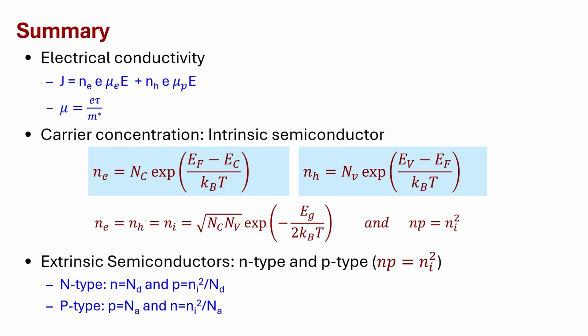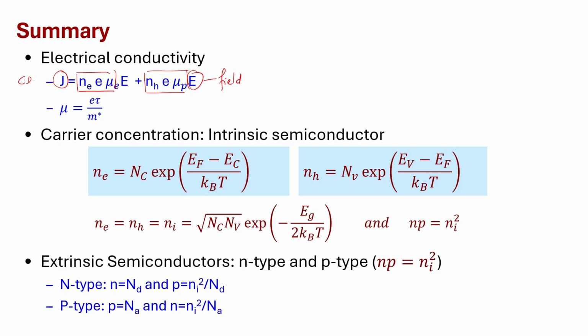So, in summary, we have looked at the electrical conductivity of a semiconductor, which is given by this term Ne e mu e plus Nh e mu p. This is your current density, this is your electric field, and conductivity is proportional to Ne and Nh.